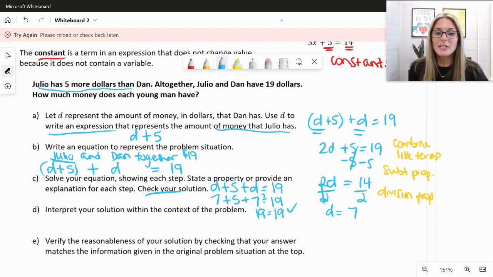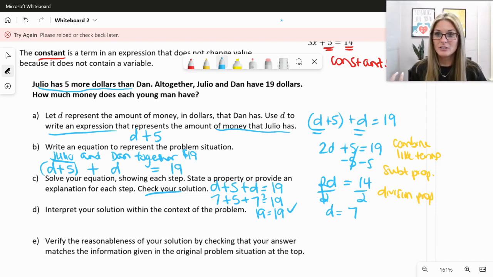Part D, interpret your solution within the context of the problem. So we just wrote our equation and we solved and we found D equals 7. Now, remember, what did D stand for? Dan. Dan's money was equal to 7. Now, the problem asked, how much money does each young man have? How much does Julio have?